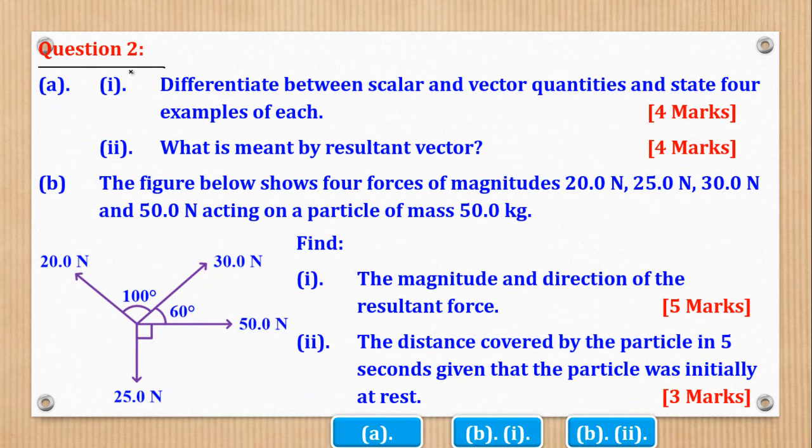That was question 1. Now we shall go to question 2, part A, Roman 1. It says, differentiate between scalar and vector quantities and state 4 examples of each.